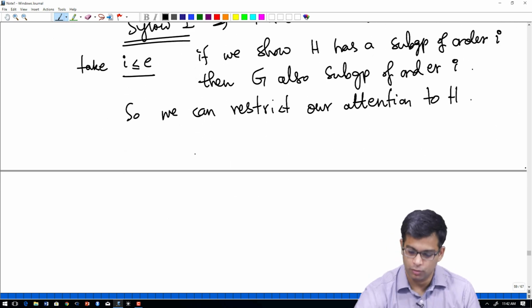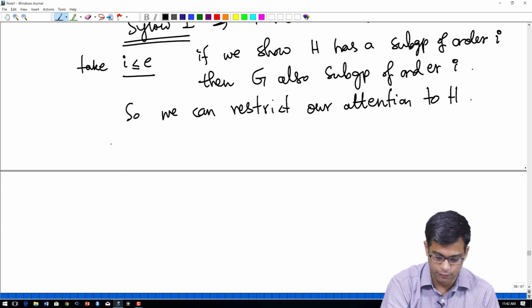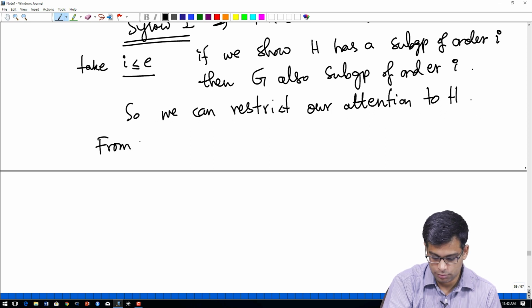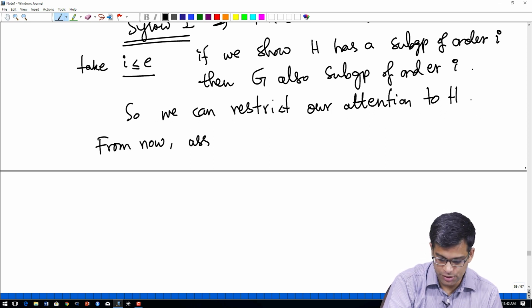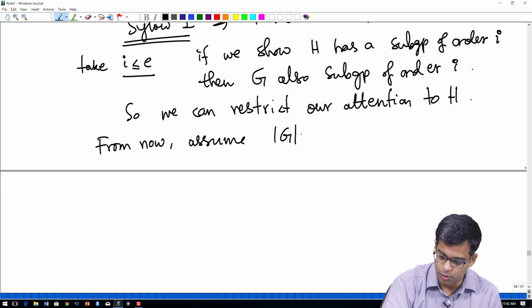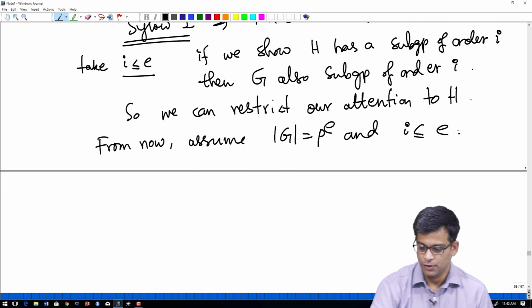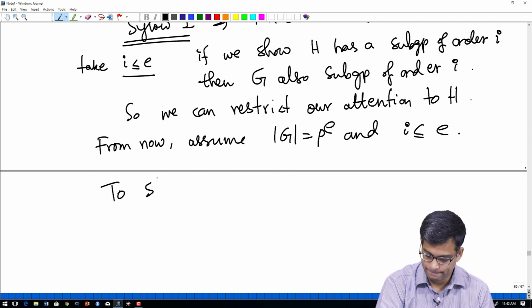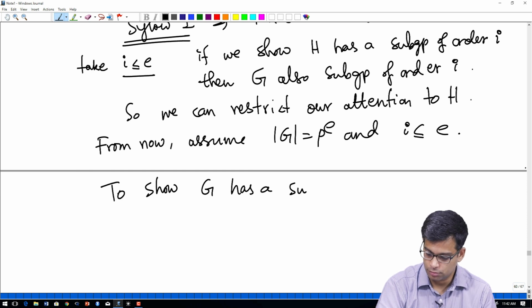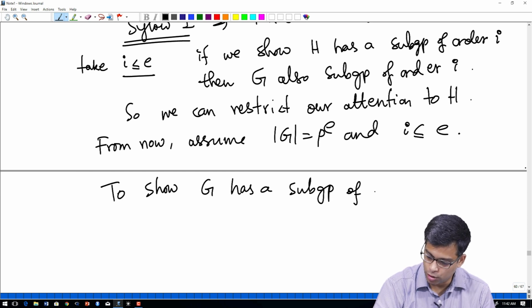So, we can from now on assume the order of G is p^e and i is less than e. We want to show G has a subgroup of order p^i.